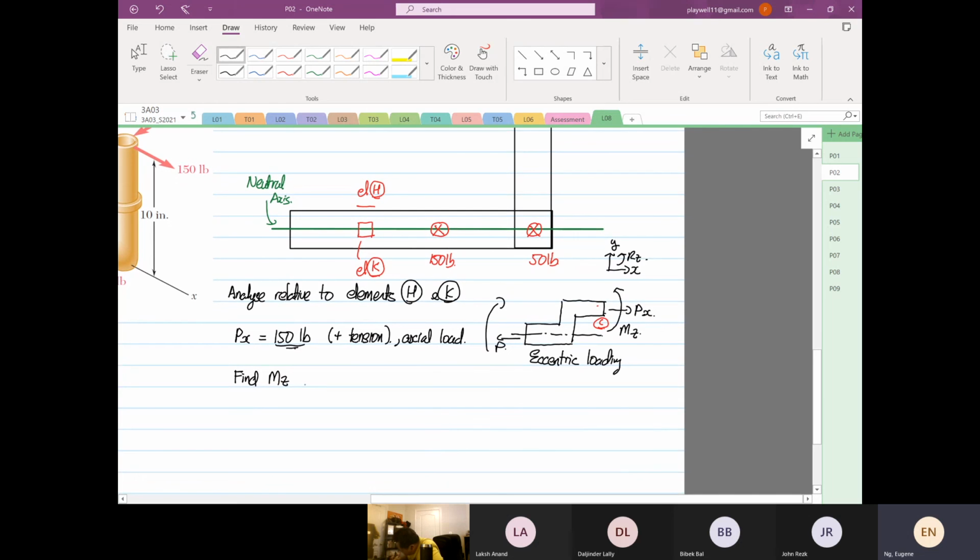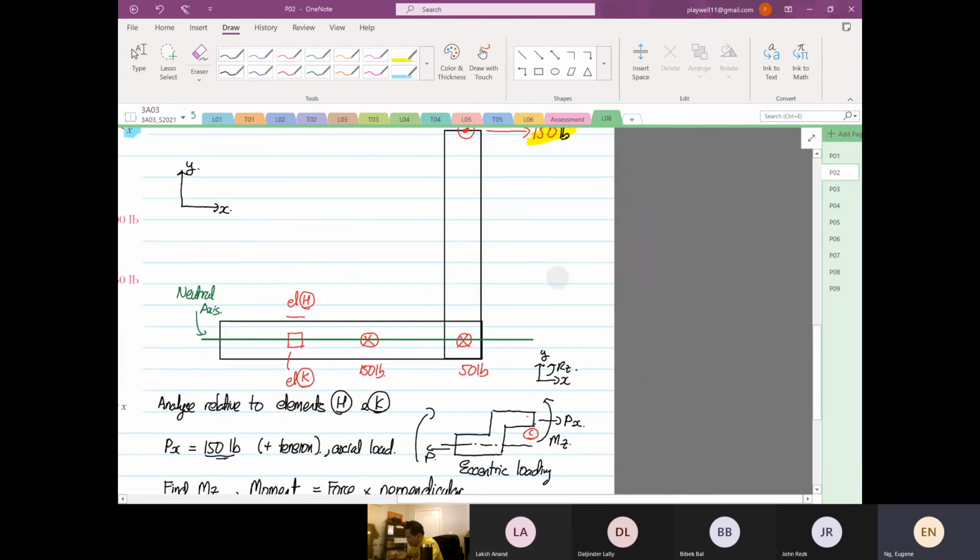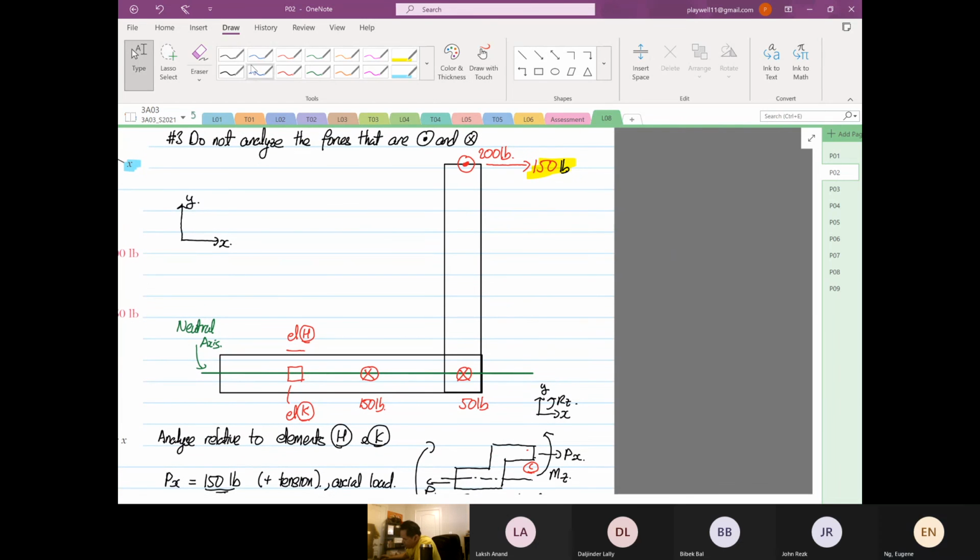We know that moment is equal to force multiplied by perpendicular distance. If I draw the arrow over here, this is our perpendicular distance.